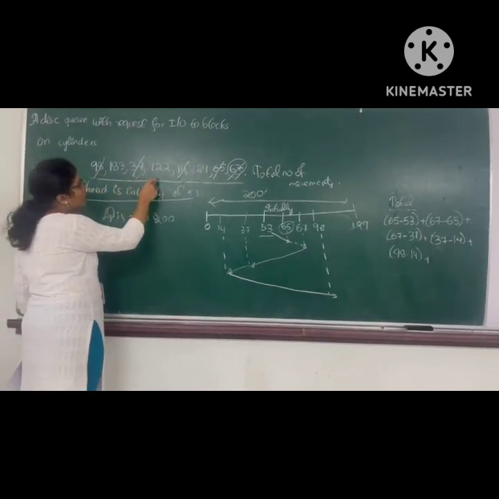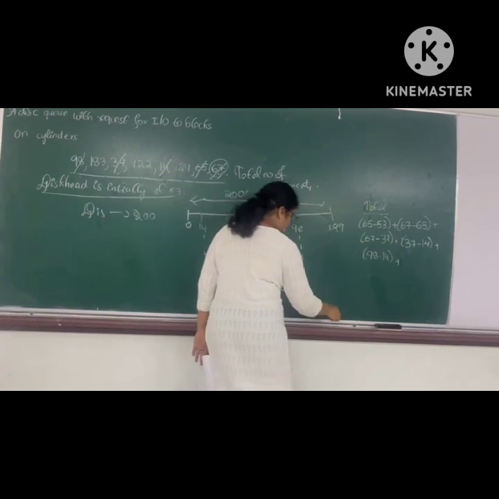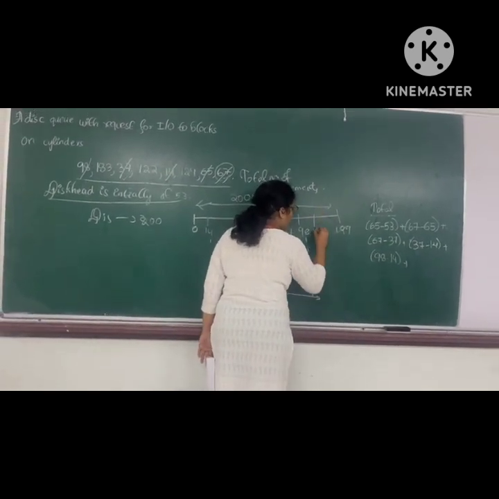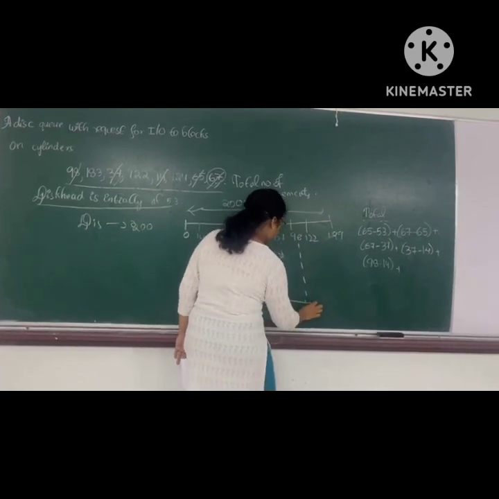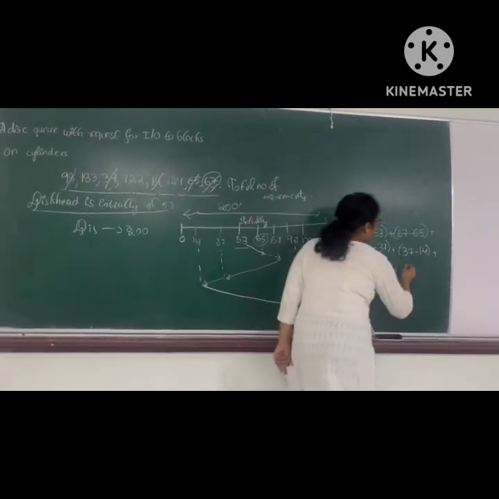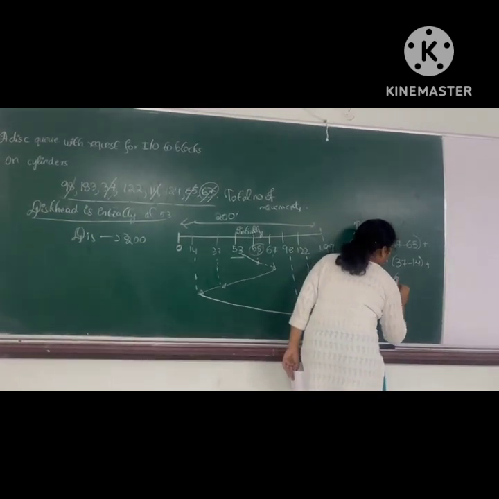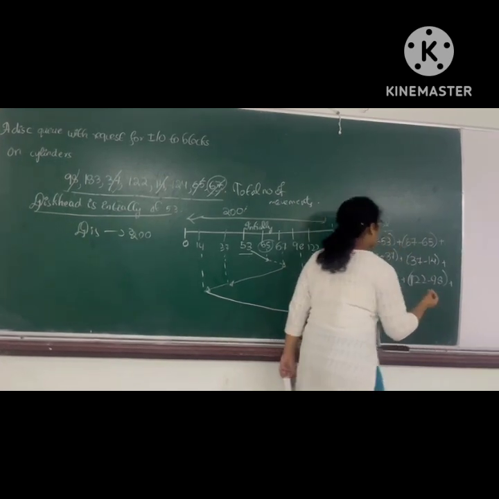Now from 98 which is nearer, 122 is very near, so we move to 122. At the same time, 122 minus 98 plus.